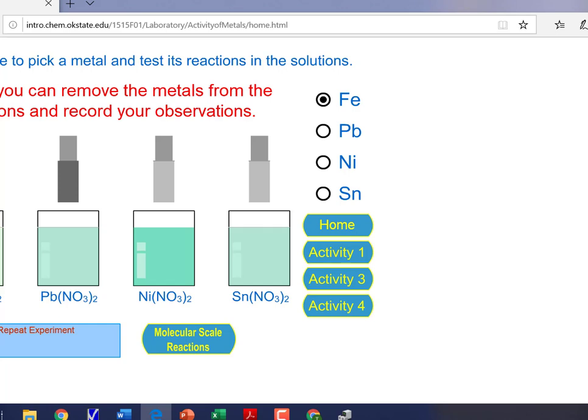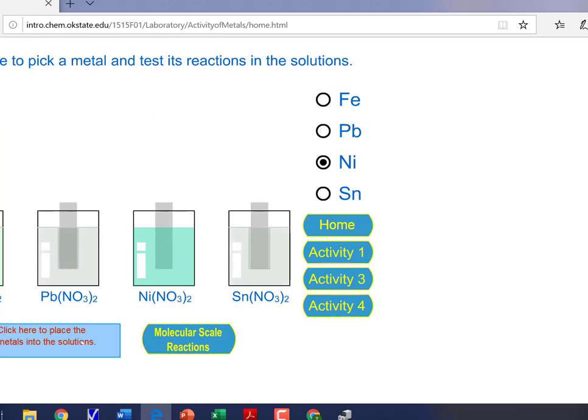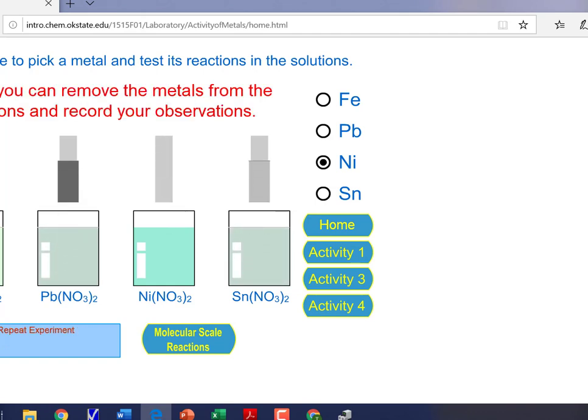And then lead was lowest. And nickel, where did it fit in there? So nickel was higher than tin. So it looks like out of these we've got iron, nickel, tin, lead in terms of activity.